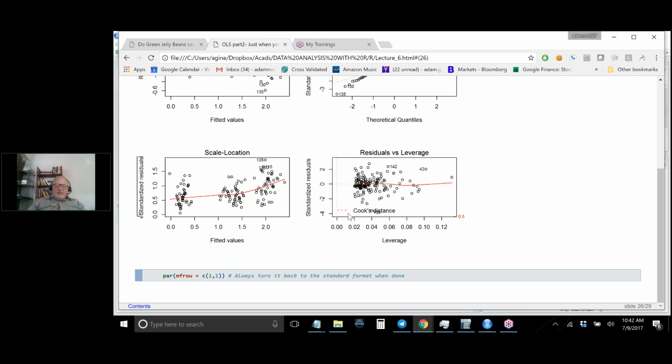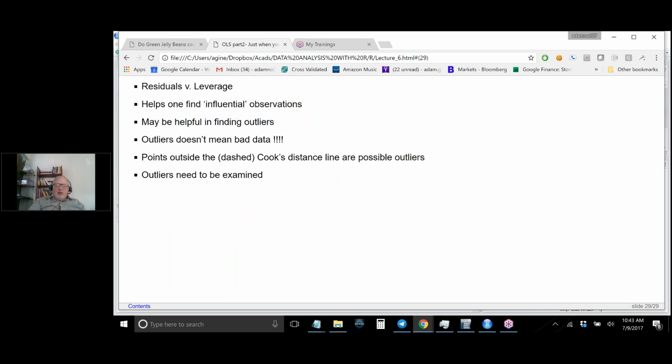So if you have observations down here, those are observations that are having very large influence on your data. Now, that means they're outliers. Outliers does not necessarily mean bad data. Outliers need to be examined to determine if this is due to some measurement issue or if occasionally your model is just going to be really, really bad.